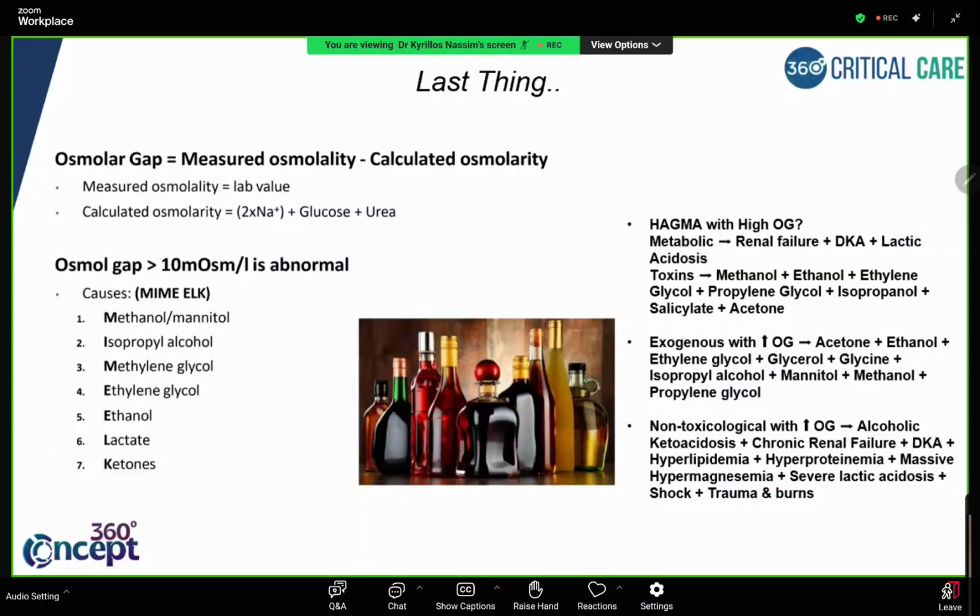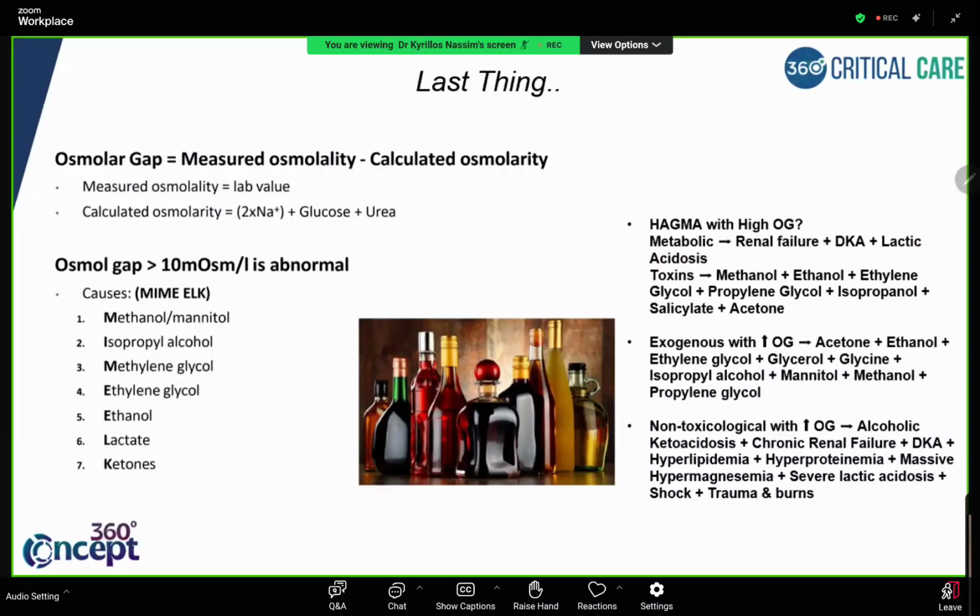I have a note, which is a very simple note. If he gives you the measured osmolarity in the vignette, please measure the osmolar gap. Don't assume he gave you something for the sake of time. No, everything is measured.